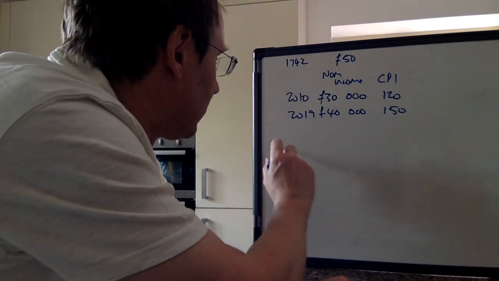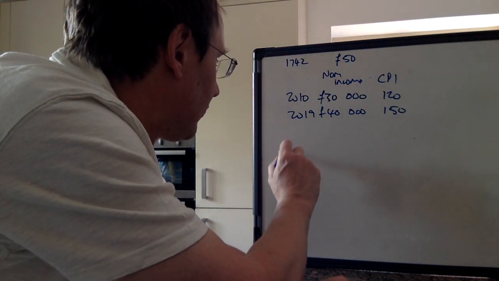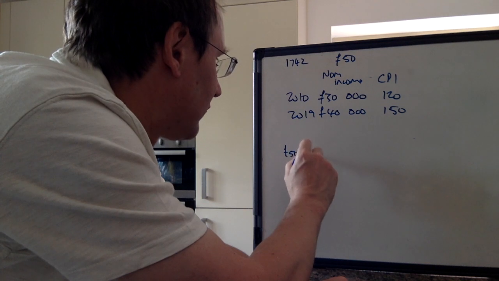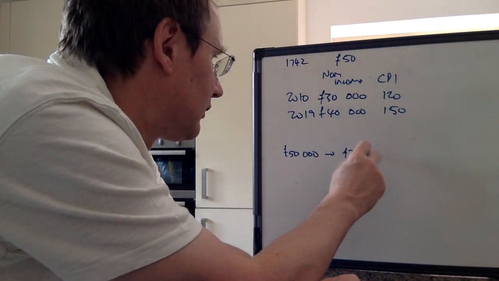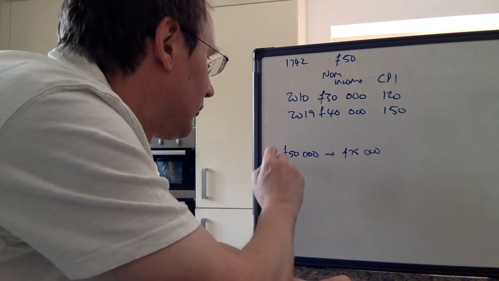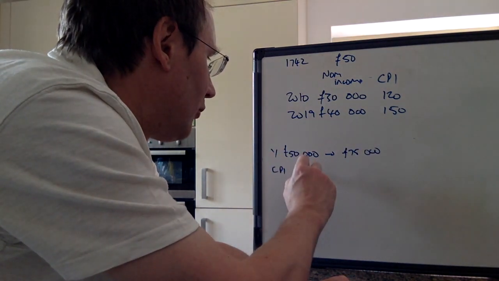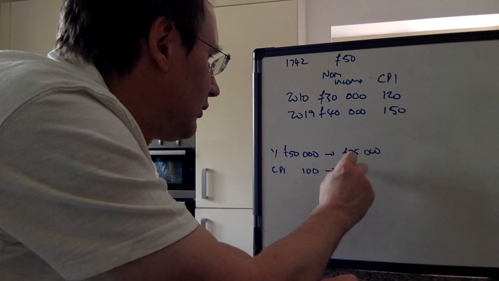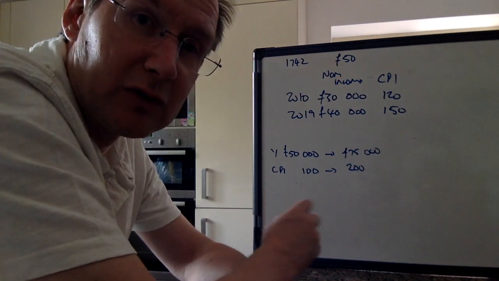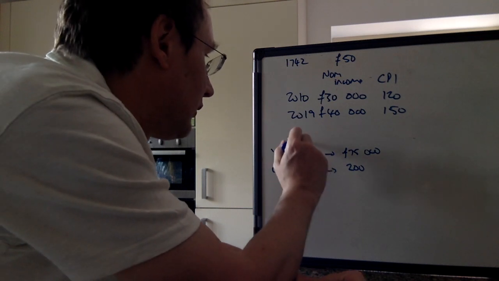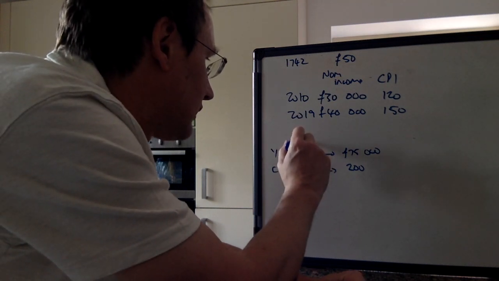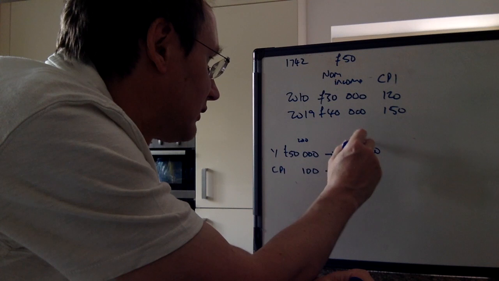Let's suppose that my income went up from 50,000 to 75,000, but the CPI went up from 100 to 200. Now you'd know how to do this one dead easy, because we can see that prices have doubled. Say that's year one, 2010, and that's 2019.